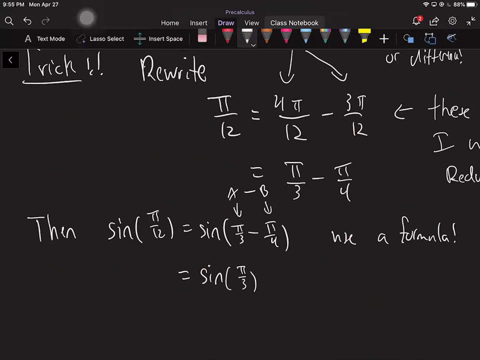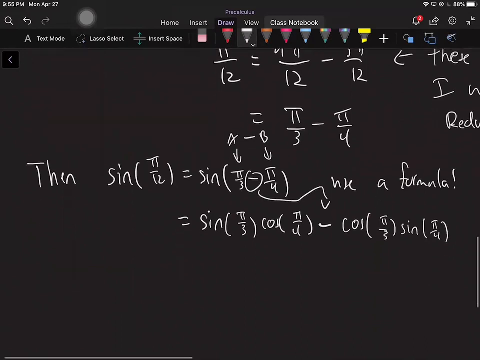So you take sine of the first angle, you take cosine of the second angle, you subtract, because this is subtraction, and then you do cosine of the first angle. Oh, sorry, I wrote pi over 3 here, but that should have been a 4 because you do the other angle. So then you subtract and you do cosine of the first angle times sine of the second angle.